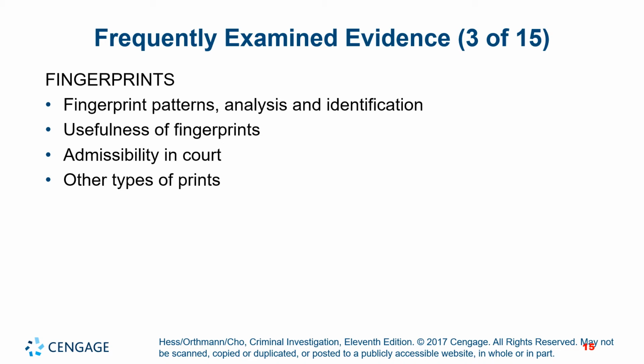There are other types of prints that have been used or are being used in more recent years, and those include the palm, because the lines on the palm are unique, foot patterns, the base of the foot and toe patterns are unique, and what's called the writer's edge, which is the side of the hand, the outside of the hand, on the opposite side of the thumb.